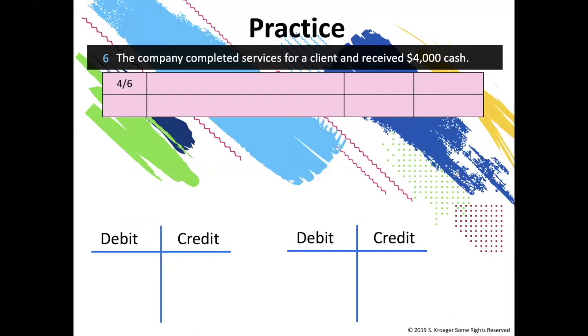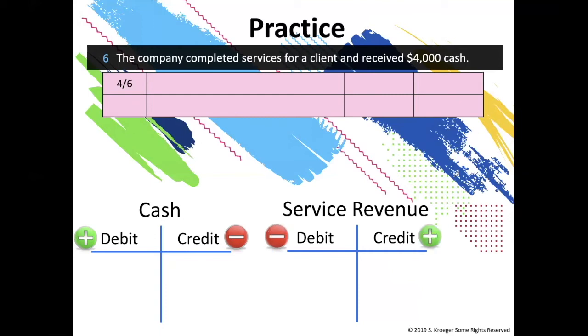So think for a second of what two accounts are being affected. We have cash and service revenue. Cash is an asset, so it has a debit positive side. Service revenue is a revenue account. Which side is positive for a revenue account? It would be the credit side.